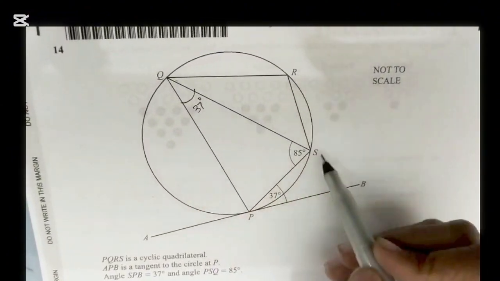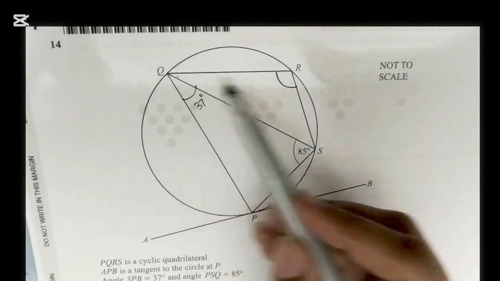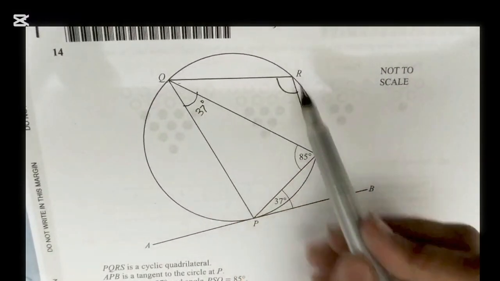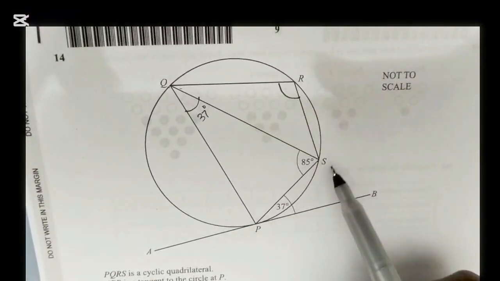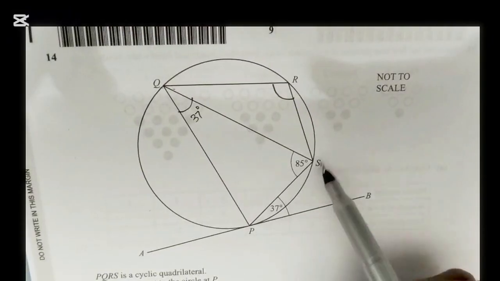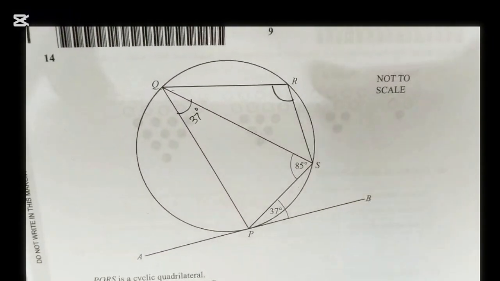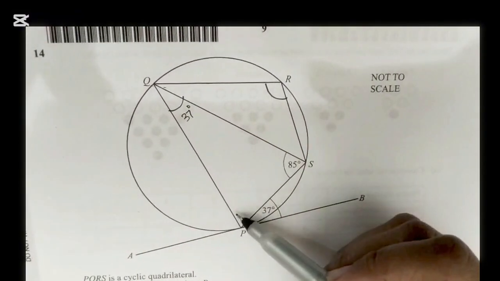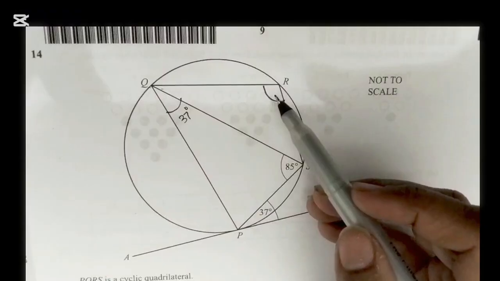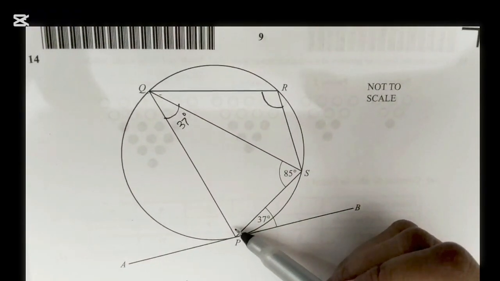So QRS, this angle, and you know that this is a 1 2 3 4 four-sided figure inside the circle, and all 4 sides are chords on the circumference of the circle. So this is a cyclic quadrilateral, and you know that the sum of the opposite angles in a cyclic quadrilateral is equal to 180. So here is not any value given, and here is also not given. So how can we find out?